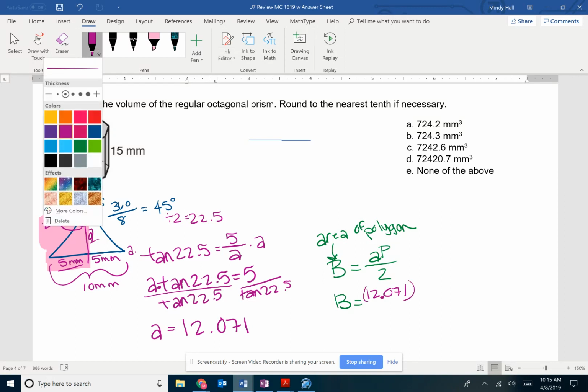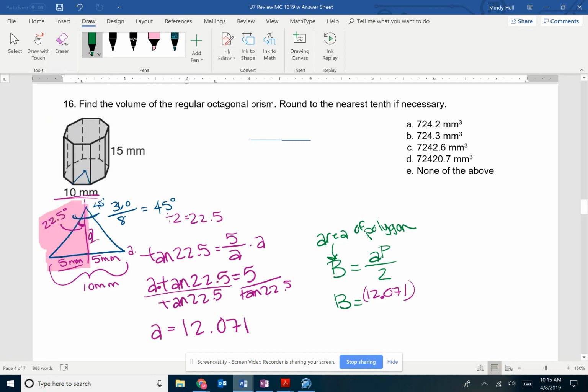Our perimeter would be the 10 millimeters times 8, because there are 8 sides, so that would be 80. And then we divide by 2. So 12.071 times 80 divided by 2, and I get that my base area is 482.84.